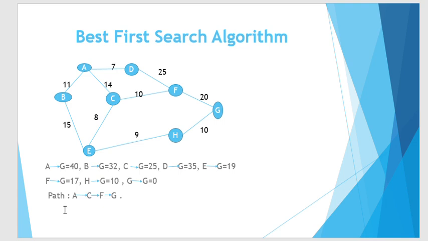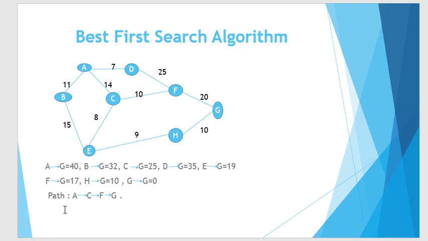So on the basis of the heuristic value only, we have to work in the best first search algorithm. Over here, you can see the distances 7, 14, 25. These are not heuristics. This is the cost. That means the cost to go from A to C, the cost to go from B to E, the cost to go from E to H. It is not a heuristic value.